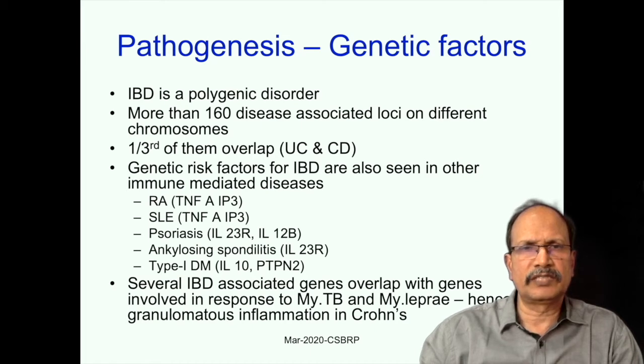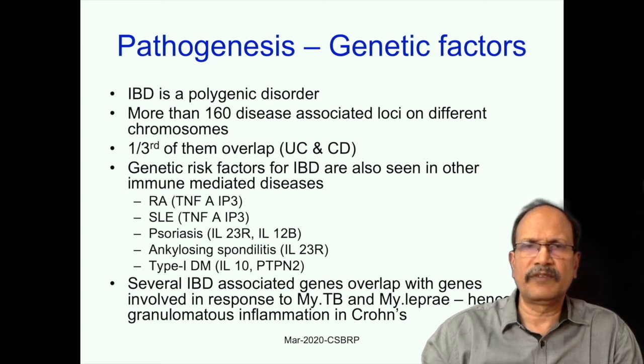And look at this genetic association with other immune mediated disorders. So IBD is most commonly seen in those persons who are suffering from rheumatoid arthritis, SLE, psoriasis, ankylosing spondylitis and type 1 diabetes mellitus. So the autoimmune disorder may be the basis for the development of inflammatory bowel disease.